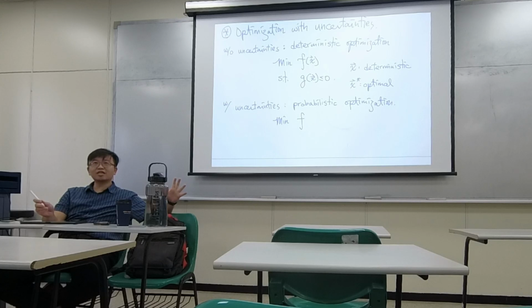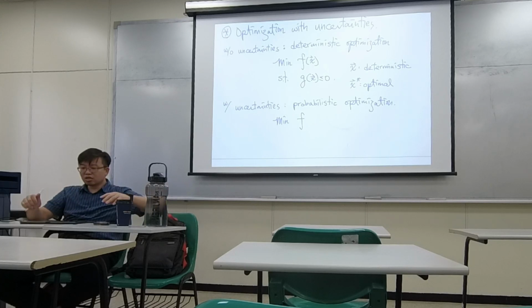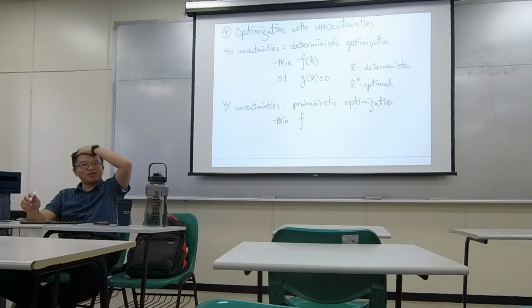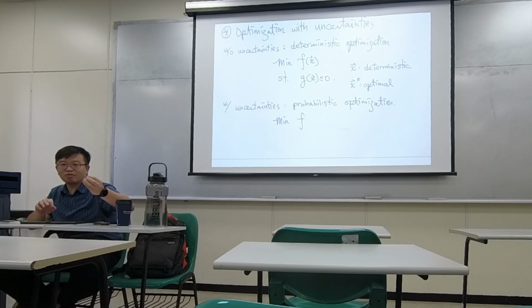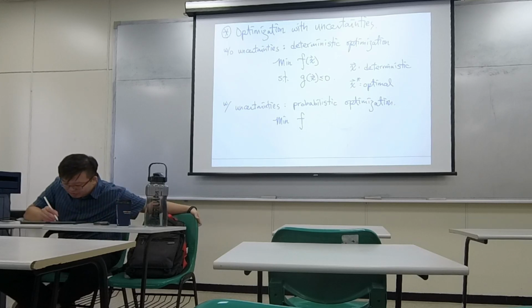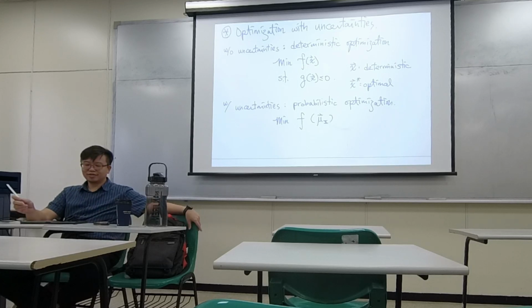You cannot control, so you will have random variables, but you can only control maybe the mean value. So I'm gonna say mu x, right? It could be a vector, mu x. I will tell you what is mu x.